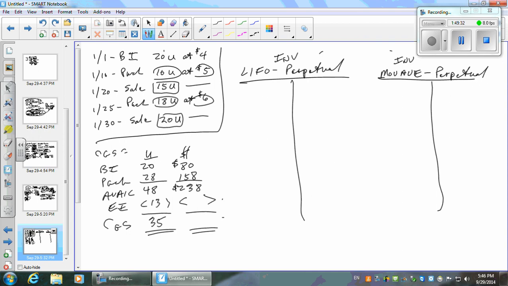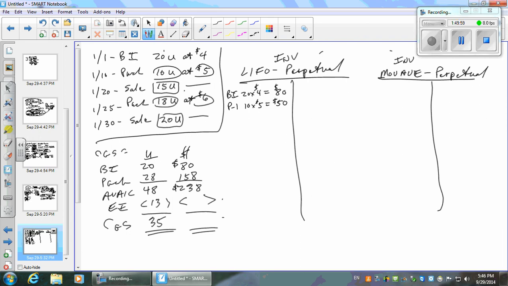Okay, so inventory LIFO perpetual, what would we start with? My beginning inventory is what? 20 times $4 is 80. Okay, and then there's a purchase, right? So purchase 1, 10 units at $5 is 50. I have 2 layers. Which layer is going to go first? It's LIFO. The first purchase is going to go first, right?